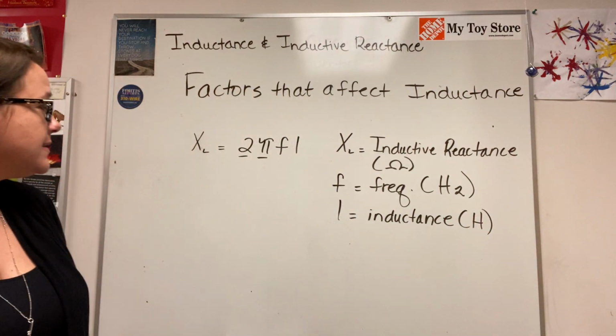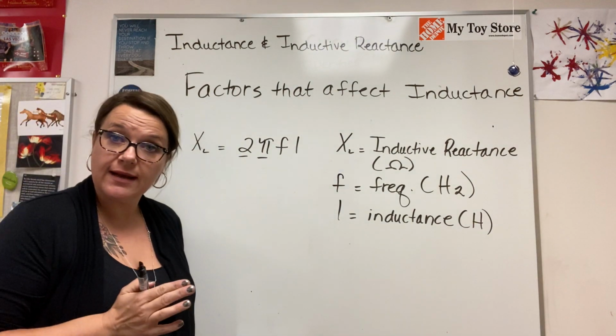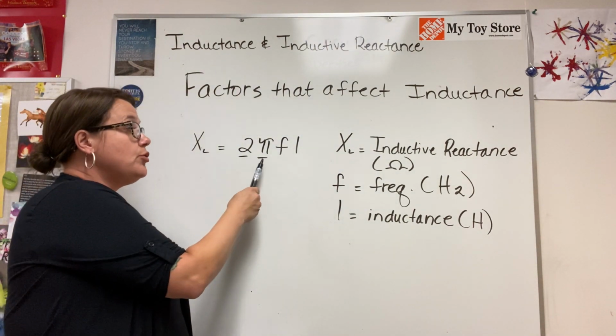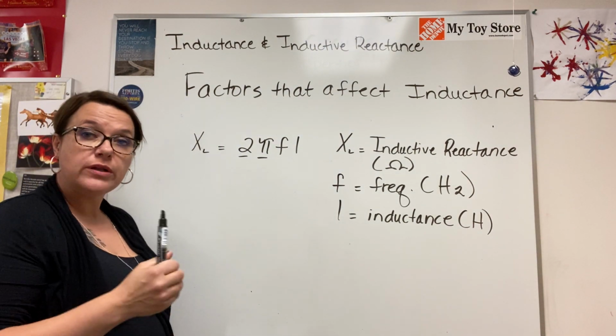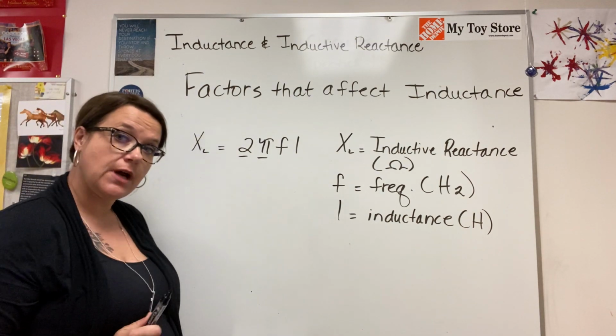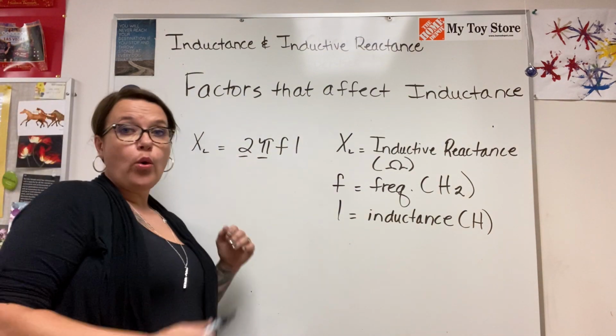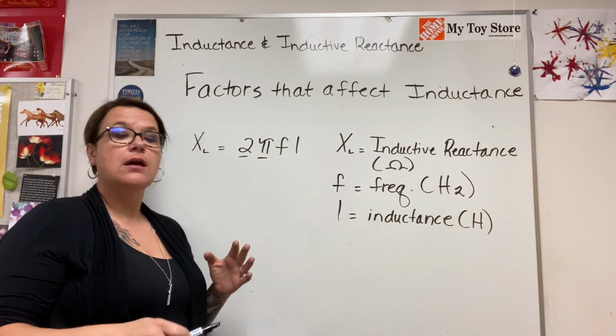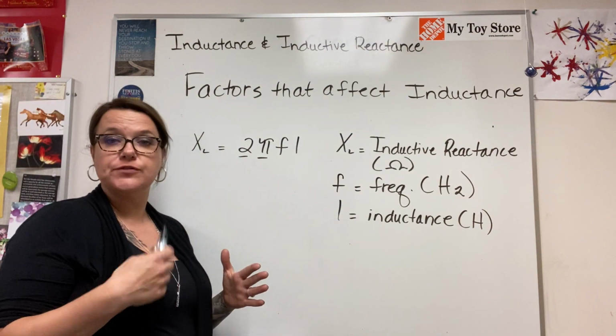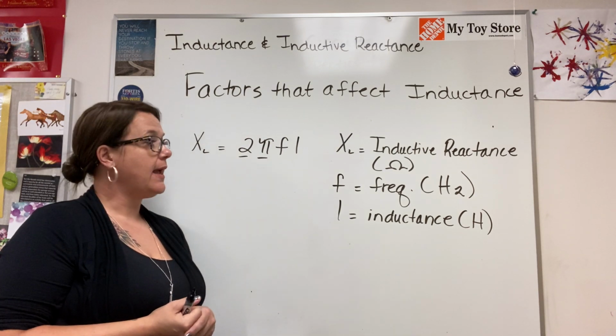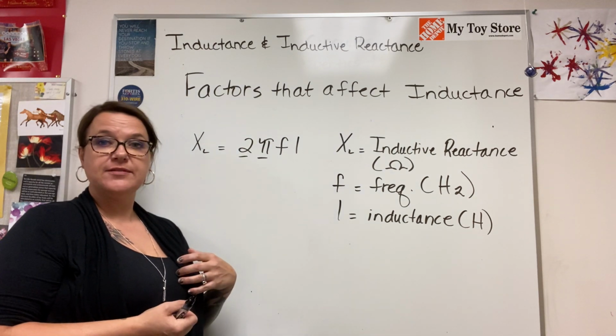I want you to recognize that 2 pi F L are all directly proportional with inductive reactance. Meaning that if I had a coil and I doubled the number of turns on my coil, how would that affect my XL?